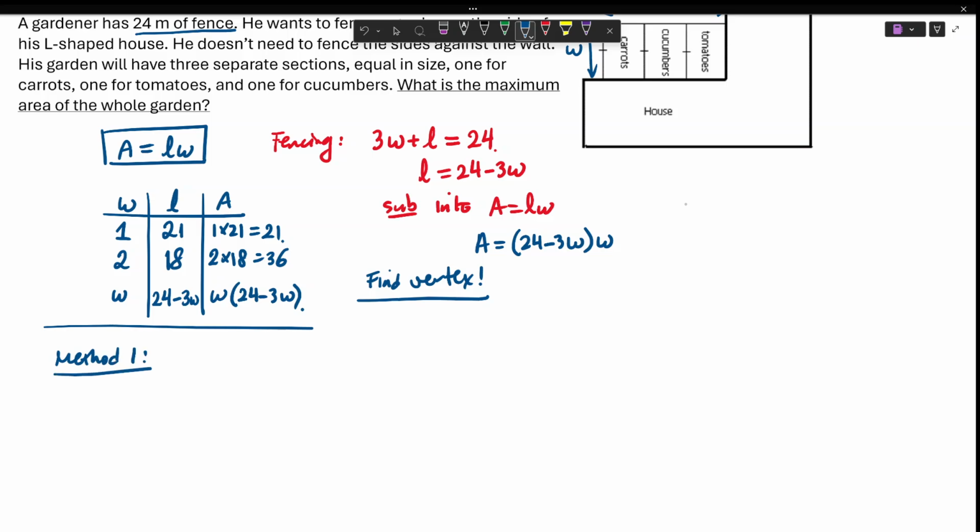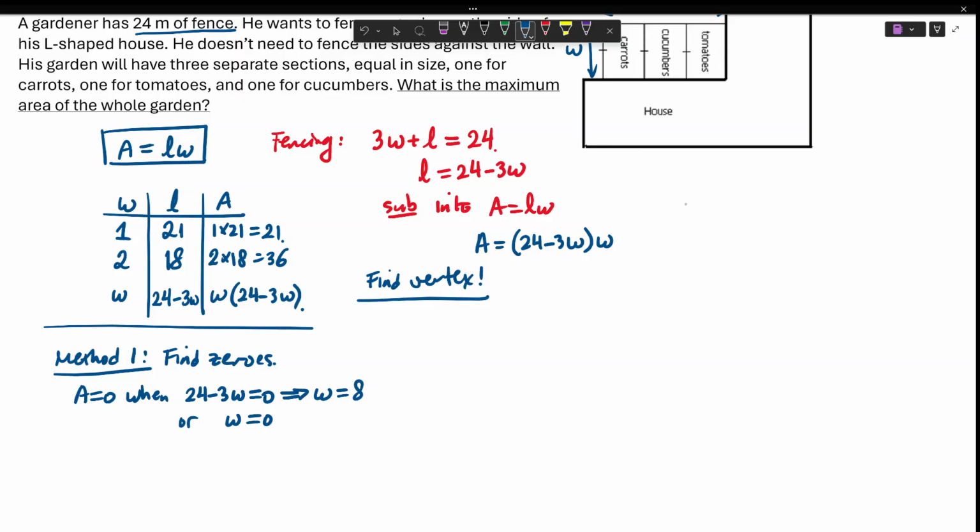Method one is to find the zeros first, or the x-intercepts. In this case, area is equal to 0 when 24 minus 3w is equal to 0, or when w is equal to 0. This first one you can solve to say w is equal to 8.